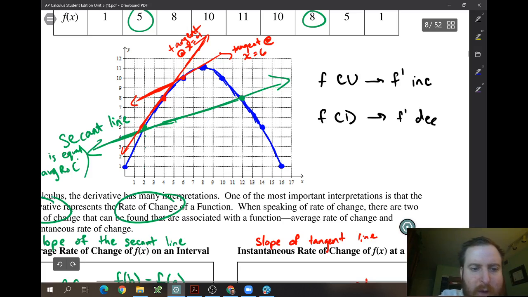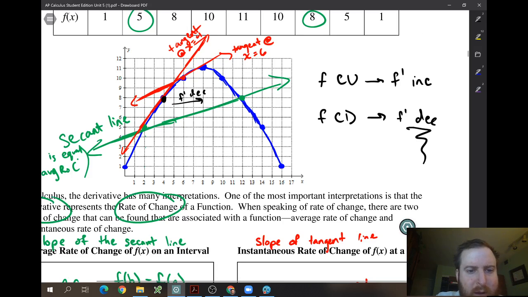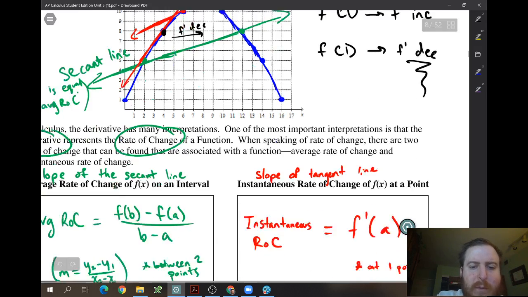And so the graph in blue is concave down the whole time. So we know that f prime, the derivative, is decreasing. That means the derivative is getting smaller and smaller. So it doesn't matter what the derivative at 4 is. If we go left to right, the derivative is decreasing because our graph is concave down. Since 6 is bigger than 4, its derivative will have to be smaller.